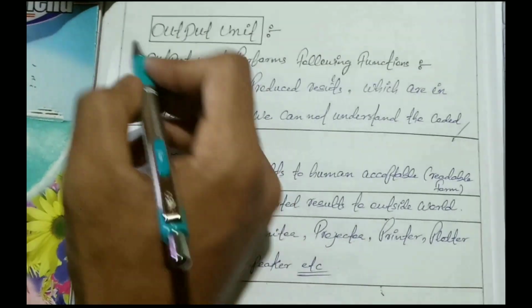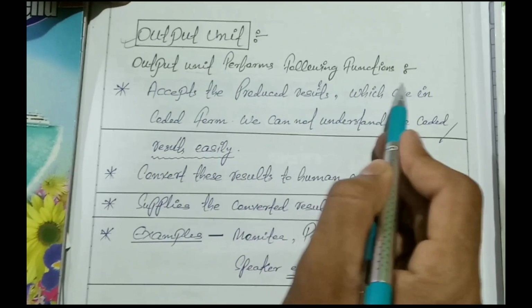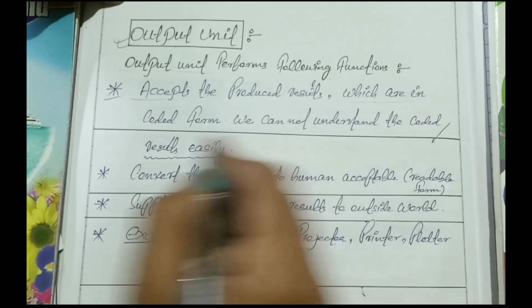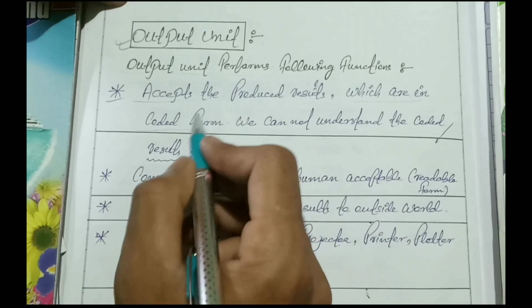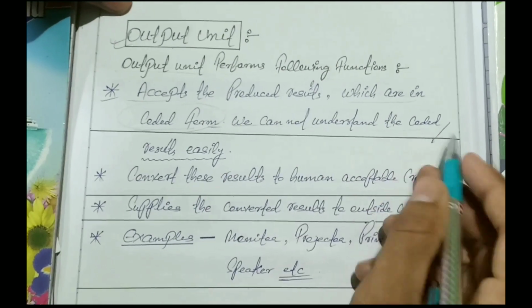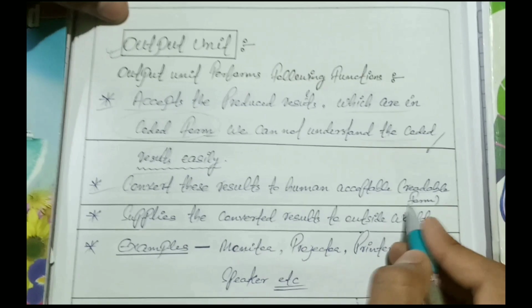Now the output unit. The output unit performs the following functions: it accepts the produced results which are in coded form. Generally we cannot understand the coded results easily. Then it converts these results to human acceptable form, meaning human readable form.